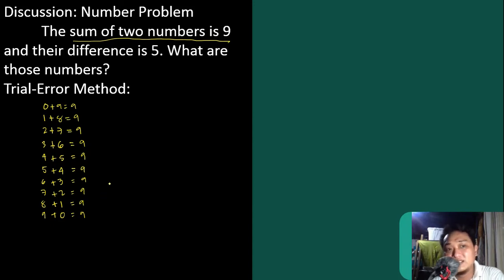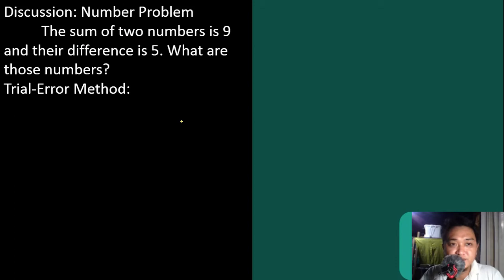Since alam na natin yung mga numbers that sum up to 9, titingnan naman natin kung ano yung mga numbers na yung difference nila is 5. But beware, kasi yung ganitong pattern naman, their difference is 5, it's infinite. The solution is infinite. So, we could actually start with some number, and then we will discover if their difference is 5.